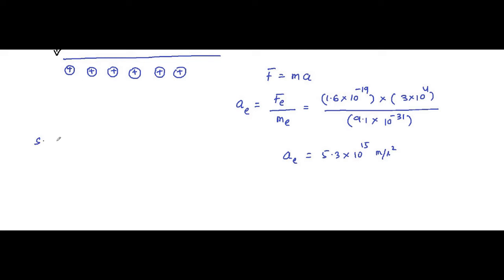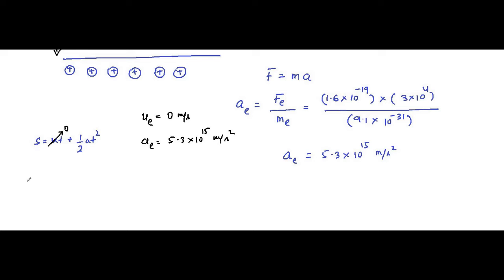We know S is equal to ut plus half at square, where S is the distance traveled, u is the initial velocity, t is the time taken, a is the acceleration. Here initially the electron was at rest, so the initial velocity of the electron will be 0.